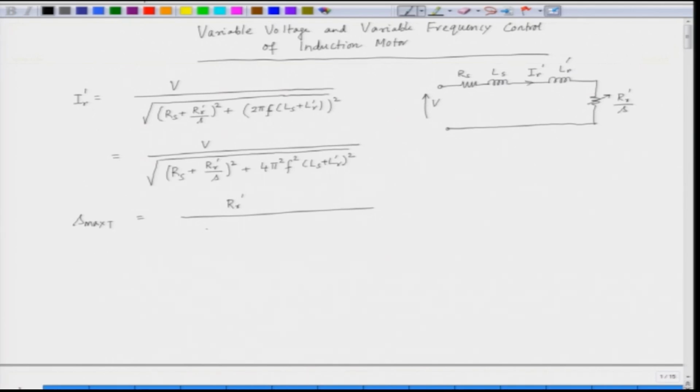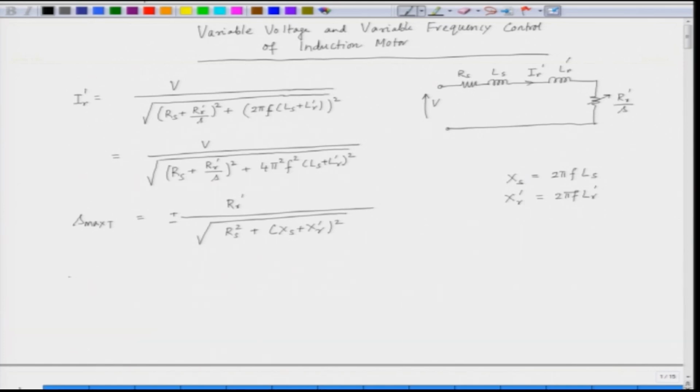So, R r prime divided by under root R s square plus X s plus X r prime whole square, with a plus and minus. This X s is the stator reactance, which is 2 pi f into L s, and X r prime is the rotor leakage reactance, which is 2 pi f into L r prime. So, when we substitute this expression in the torque equation.